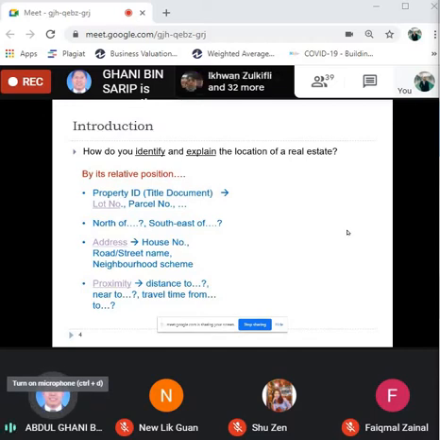This one you can identify from the property identification, or in real estate, it is actually the title document.